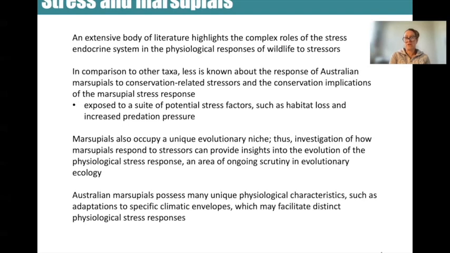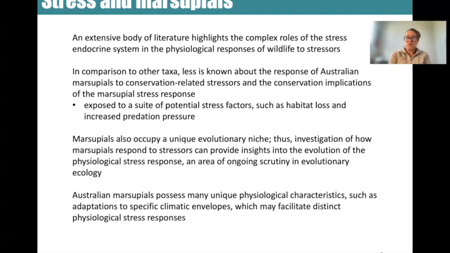However, in comparison to other taxa, in marsupials specifically, less is known about these responses, especially in relation to conservation-related stresses, and therefore we lack a bit of knowledge about the conservation implications of the marsupial stress response. This is concerning because marsupials are exposed to a suite of potential stress factors such as habitat loss and increased predation pressure from introduced predatory species.